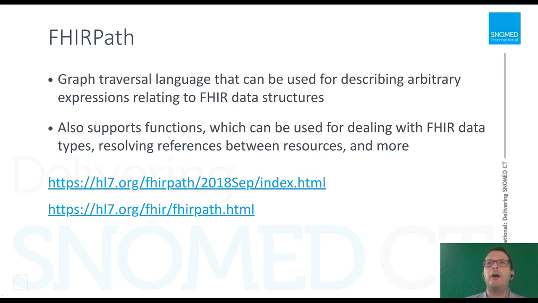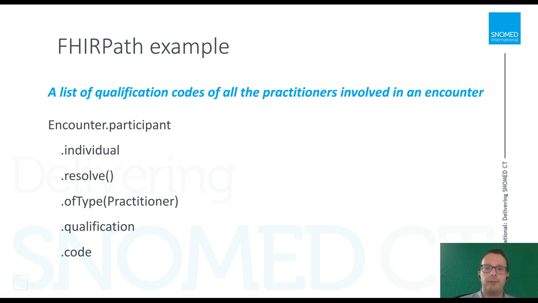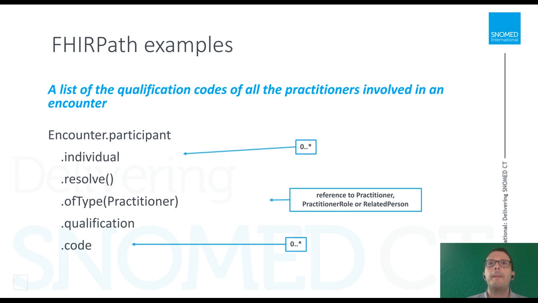So this is just a graph traversal language that describes arbitrary expressions related to FHIR data structures. FHIR is a complex model that has a graph-like structure, so it's not a flat model. So this language just lets you refer to different bits of the model in a standardized way. So it's critical for the implementation of our platform.